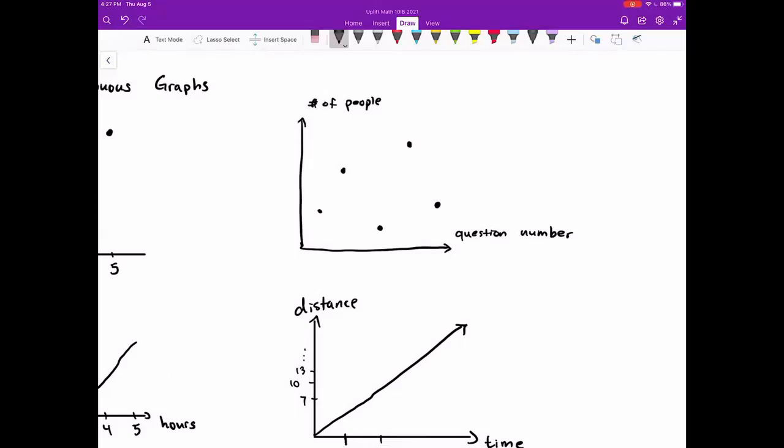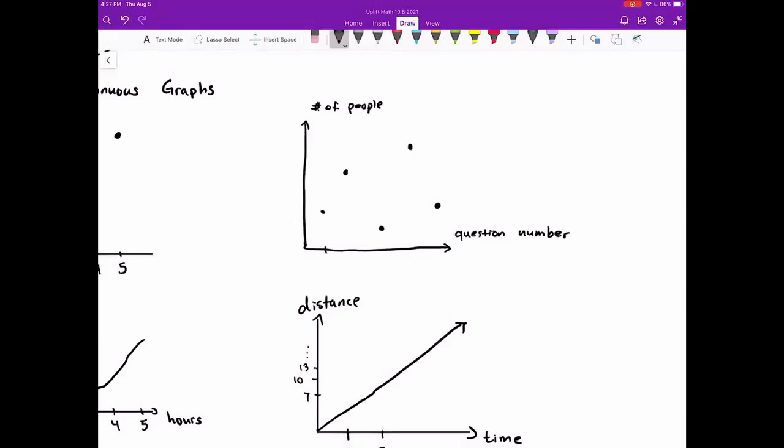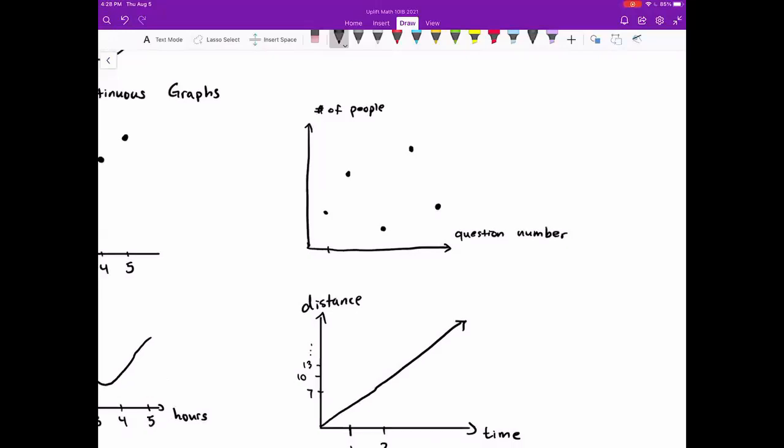Sure, I can do it. So on a test, each question is labeled number 1, number 2, number 3, number 4, and so on, right? So when we say how many people answer the question, we usually do a discrete graph because questions can only take on integral numbers.